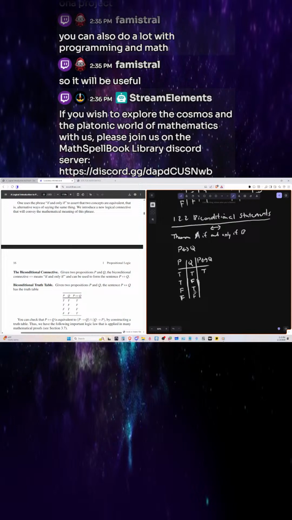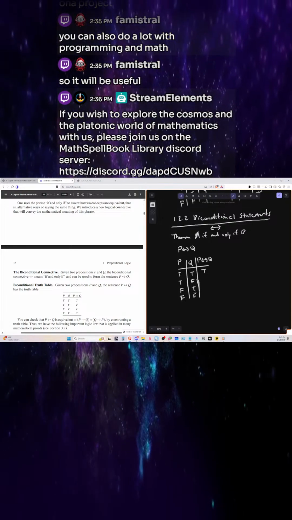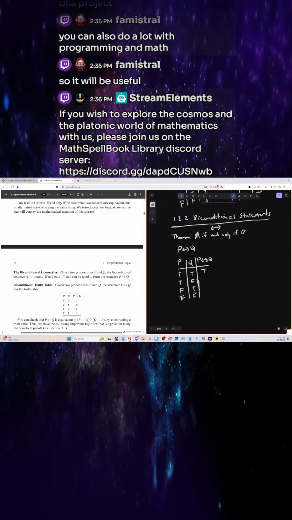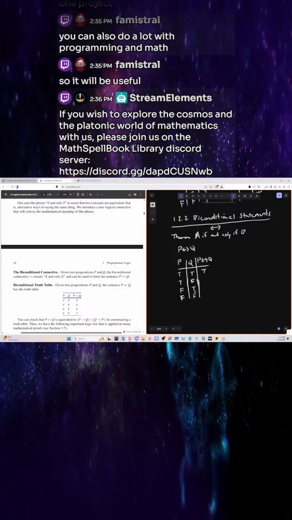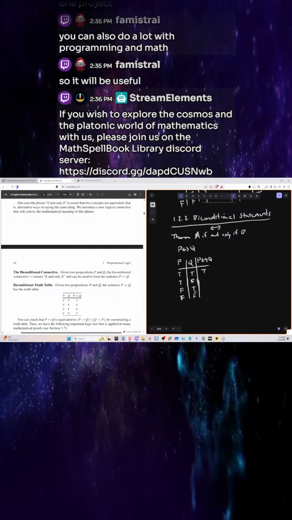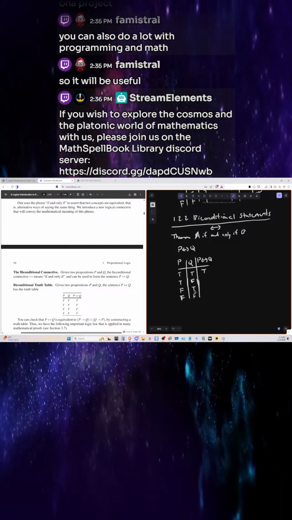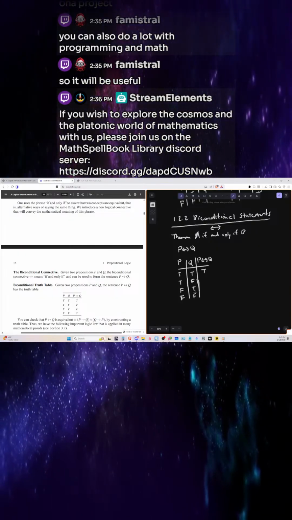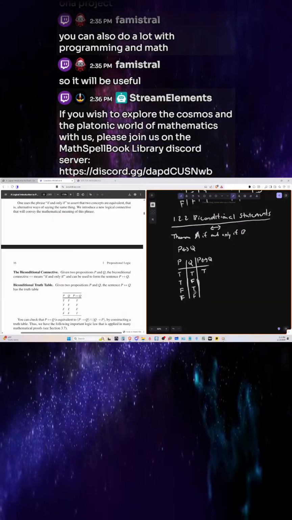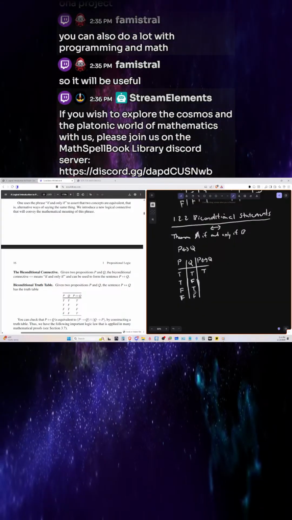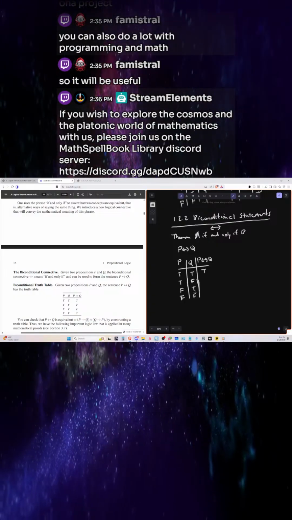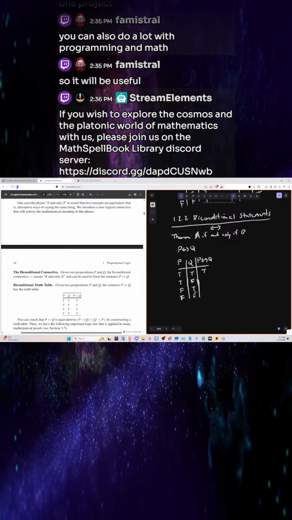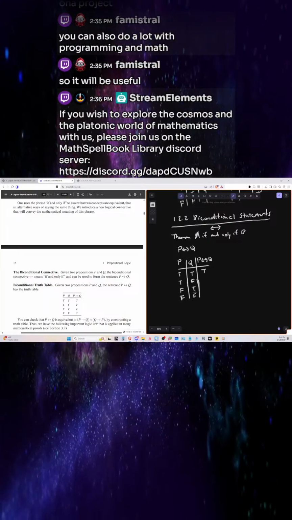If Q is false, then that implies that P is true. But if P is true, then that implies that Q is false. Now, what does that mean for the statement as a whole?